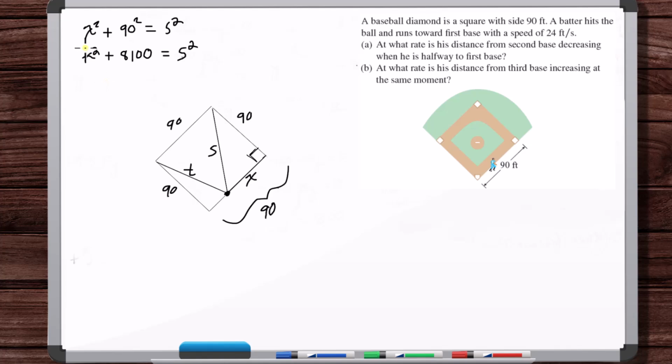So let's take the derivative of this equation with respect to t. We just need to use the chain rule. What is the derivative with respect to t of x squared? Chain rule, because x is a function of t. What is the derivative of something squared? It's 2 times that something times the derivative of that something.